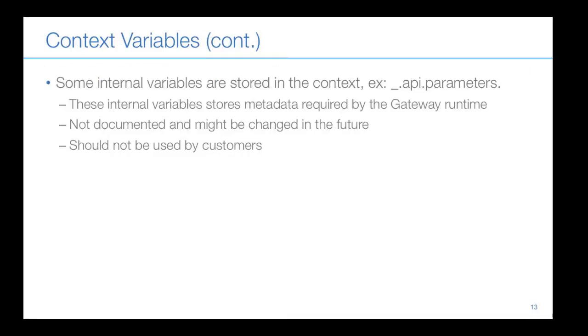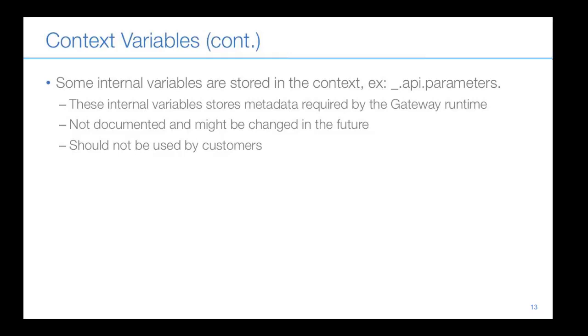Okay, Tim, let's go to the next slide. In version 5, for micro gateway, there are some internal variables that are also stored in the context. We store these internal variables in the context in order to gain better performance, because there is some metadata we are going to use many times during the middleware chain, and we don't want to query the data store for the same information multiple times.